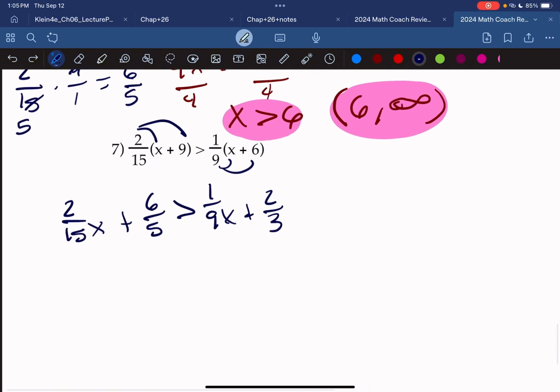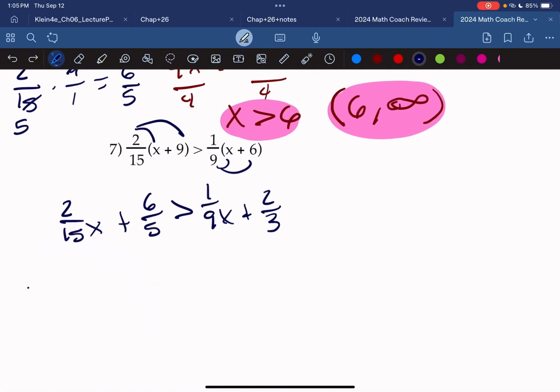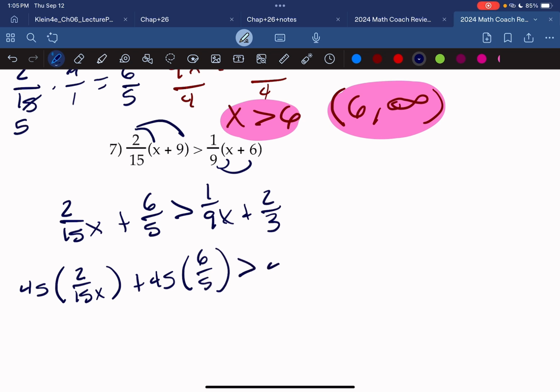So let's do that. Let's do 45 times 2 over 15x plus 45 times 6 over 5 is greater than 45 times 1 over 9x plus 45 times 2/3.